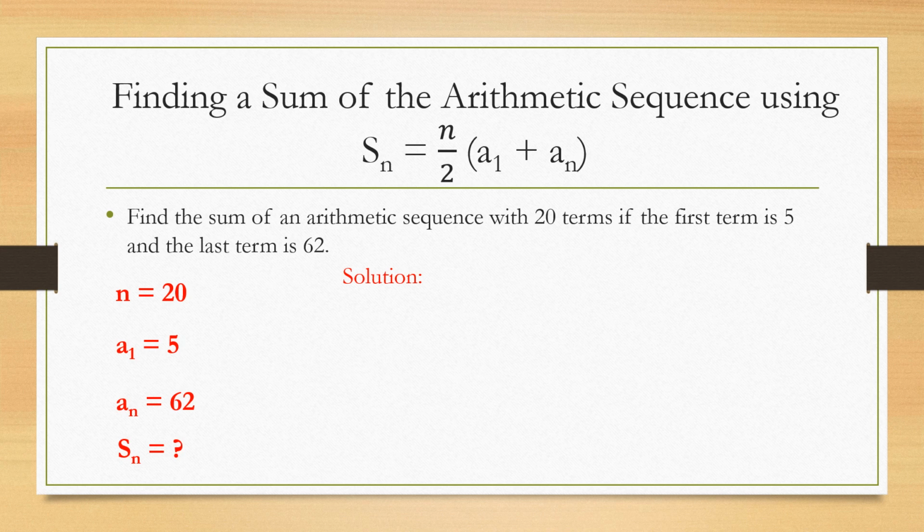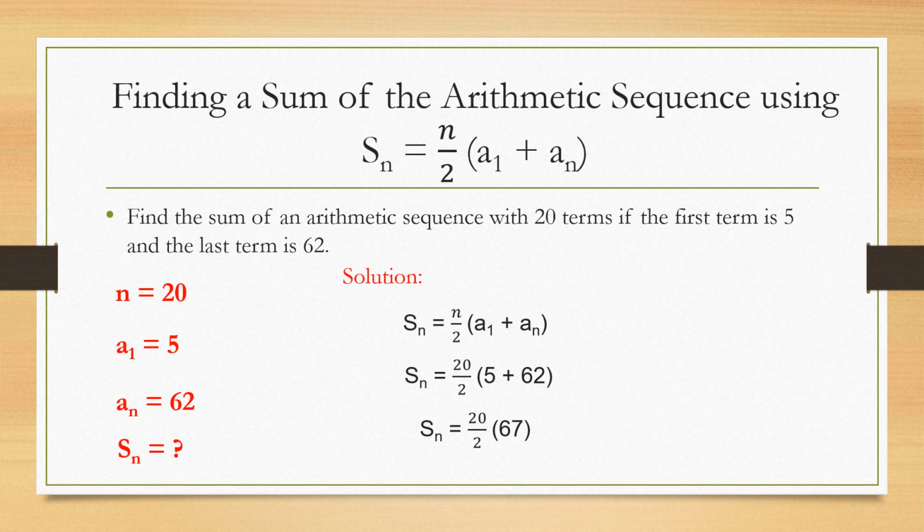Using the formula, all we need is to substitute all the values of n, a sub 1, and a sub n. So for n, we have 20, a sub 1 is 5, and a sub n is 62. 5 plus 62 is 67.